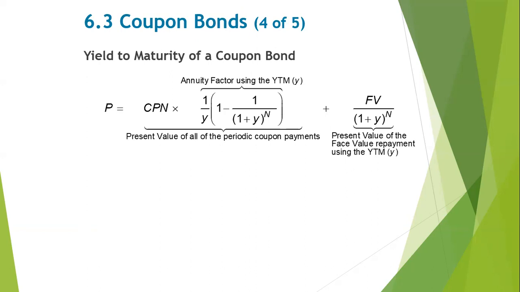As you can see, unlike zero coupon bonds, there is not a straightforward formula to directly compute the yield to maturity. Instead, we resort to methods like trial and error, where we try various values of Y until we find the one that equates the present value of a bond's payments to its price.